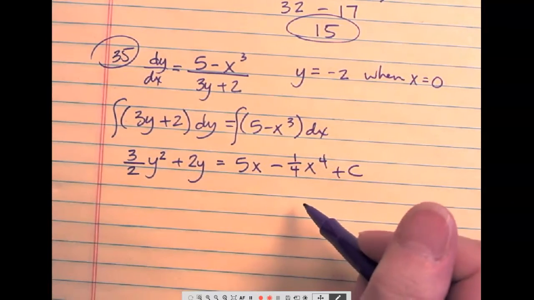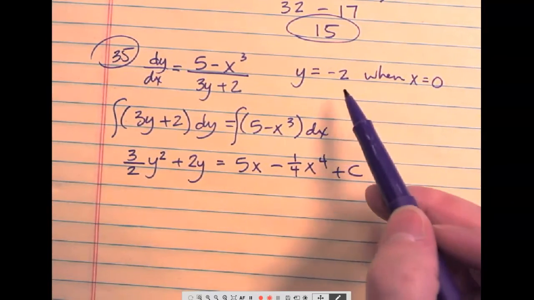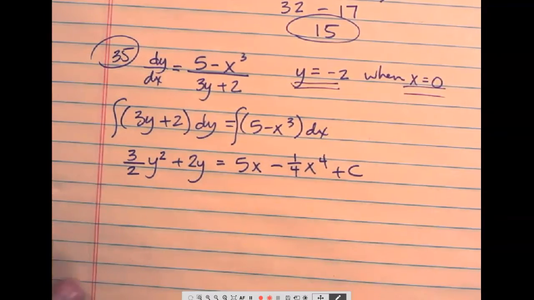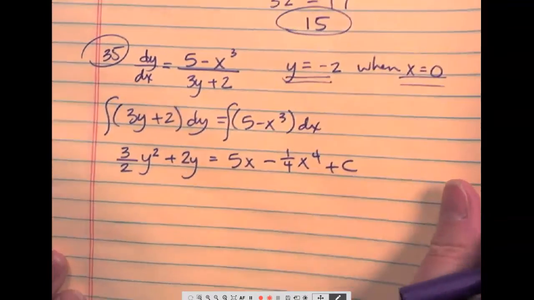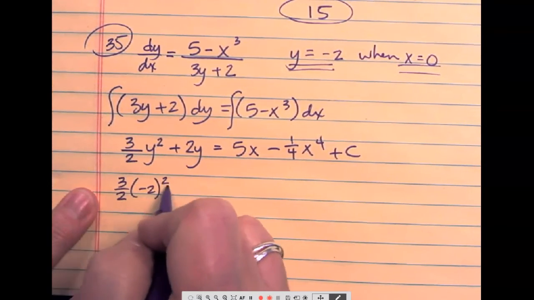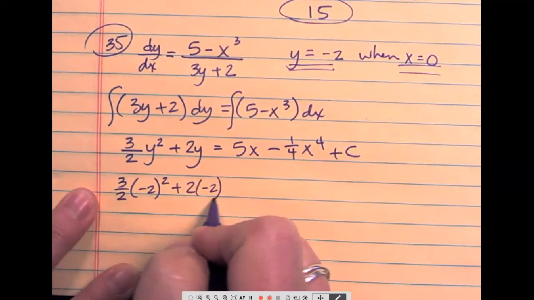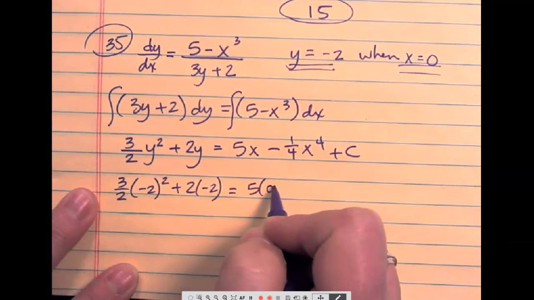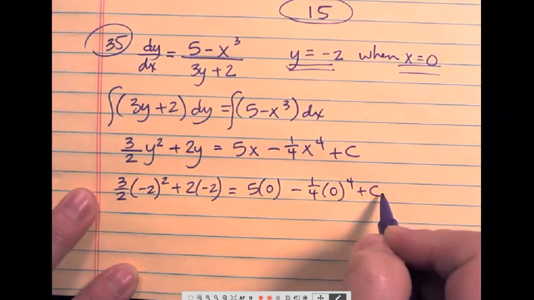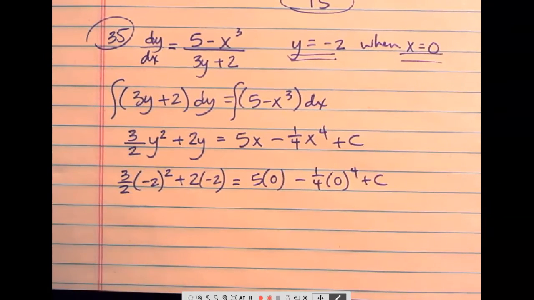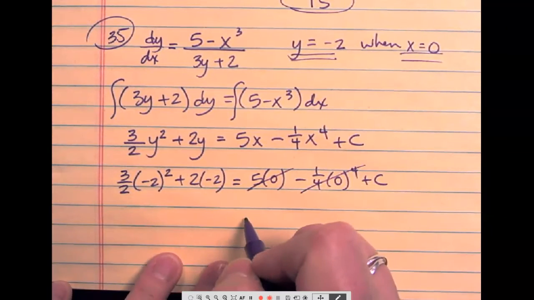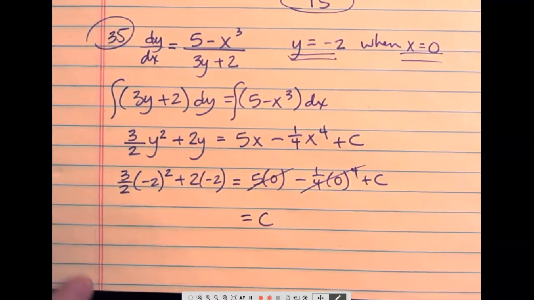At this point, whether you're solving for y all the way or not, you're going to go back and plug in these two values. All the y's become negative 2, and all the x's become 0, and we want to find c. Well, that's 0, that's 0, so we just have c over here.